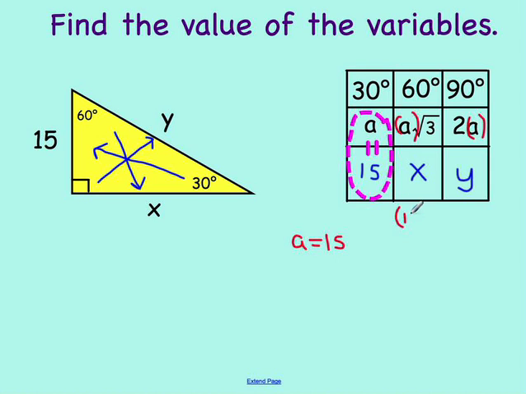So we'll have 15 radical 3 for x, and we will have 2 times 15 for y. When we simplify, we'll be able to say that x is equal to 15 radical 3, and we'll also be able to say that y is equal to 30, because 2 times 15 will give us 30.